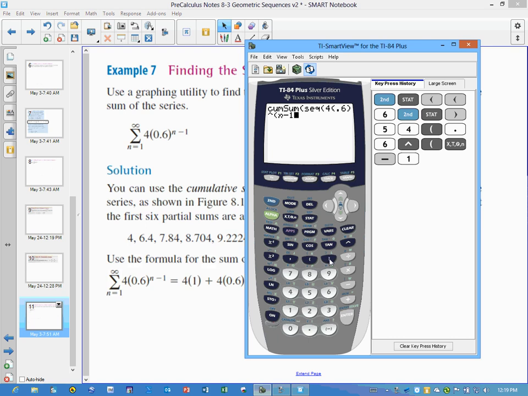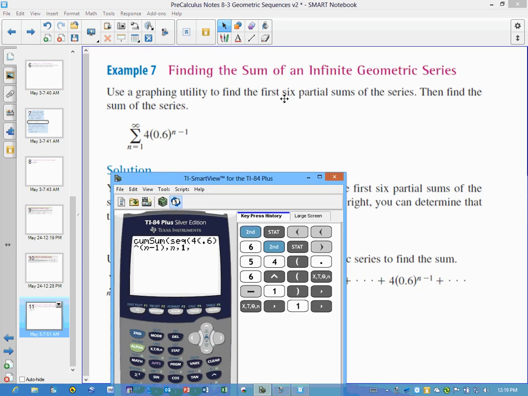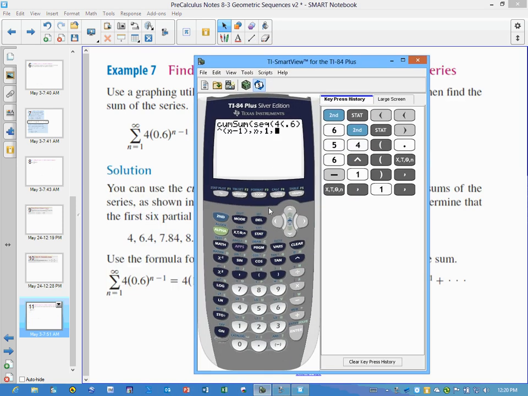Close the parenthesis. So it's the cumulative sum of the sequence of, now the syntax is the general term, comma, the indexing variable, which is n, comma, the lower bound, which is 1, then comma, the upper bound, which in this case, since they wanted the first 6 partial sums, is 6.